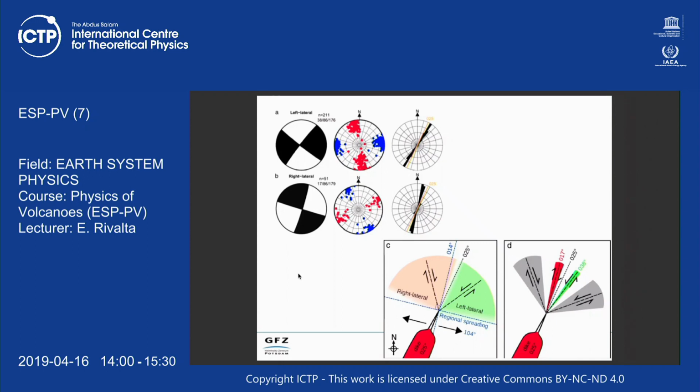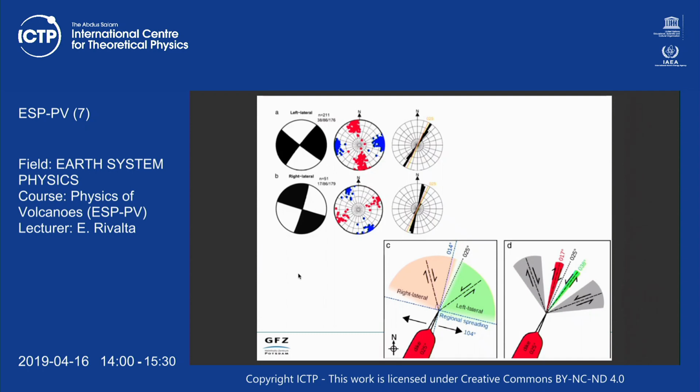Another weird observation is that if you look at the fault plane solutions, instead of being like this, which is what they are supposed to be, they were like this, very narrow along the dike. What they say in the paper is that they think the reason was a very high pore pressure that made the effective friction very low.